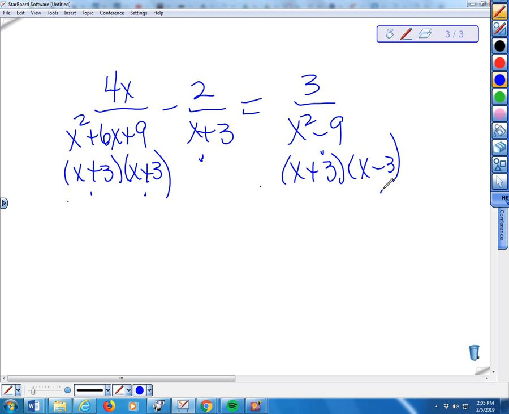So I'm going to have to multiply this by x minus 3. I'm going to have to multiply this by really x squared minus 9. Sorry. And then this one by x plus 3.